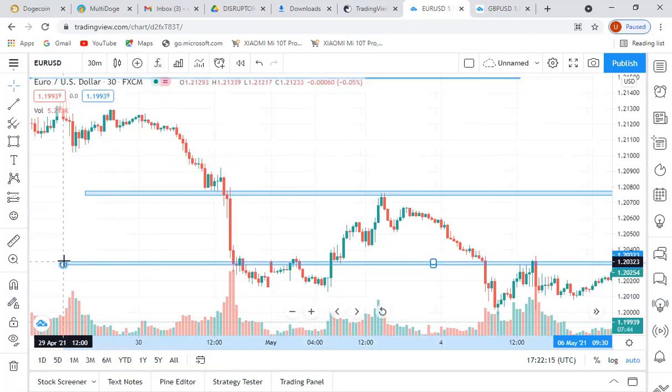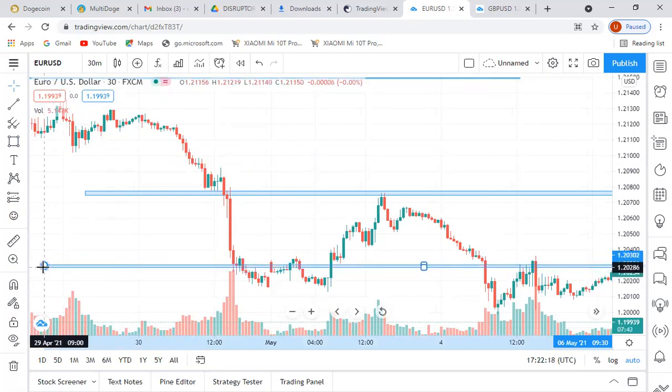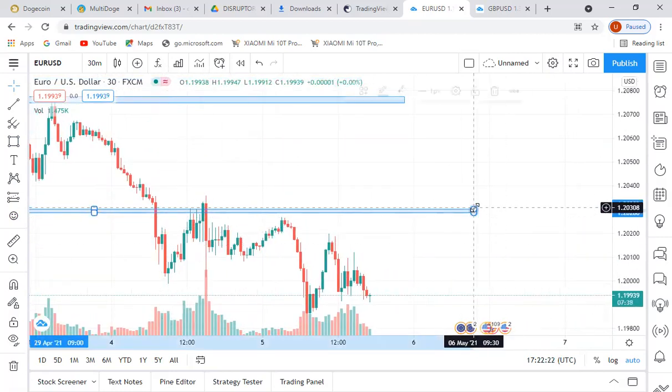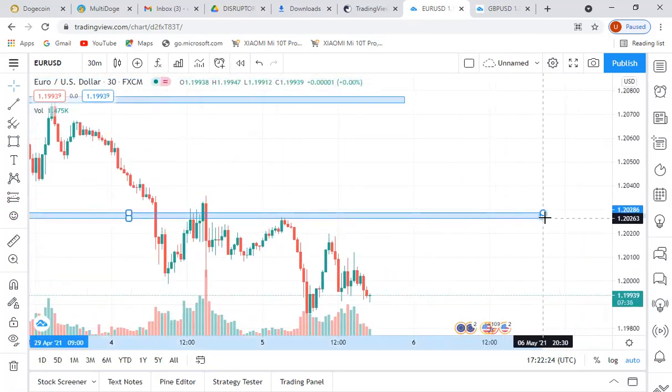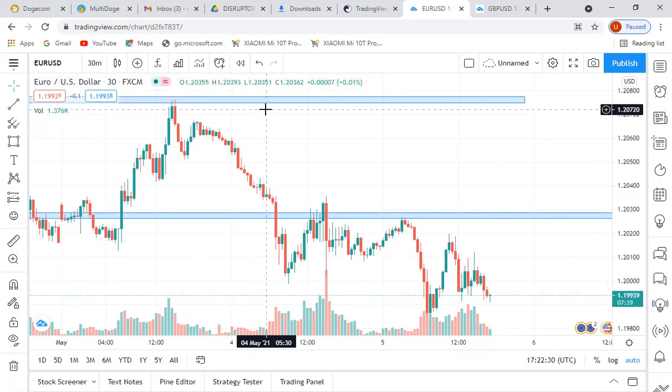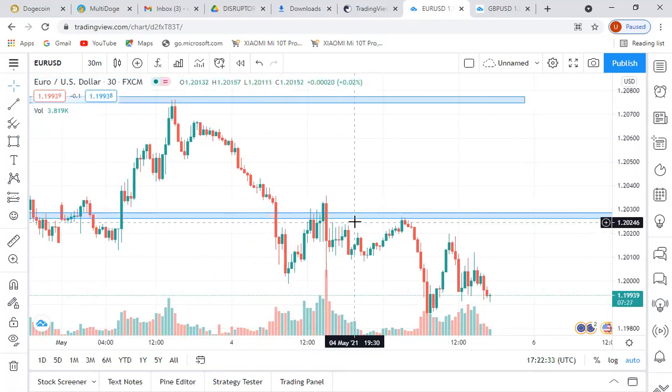So we try to visualize the current position of the market. Okay, so major resistance one, major resistance two.